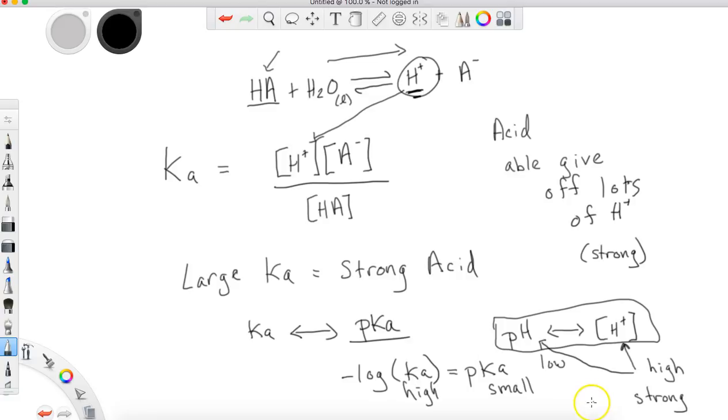If we say something has a pH of 1, we're saying that it's a strong acid compared to something that might have a pH of 5 or a pH of 7, which is neutral. The larger the pH becomes, the weaker the acid. Same thing here: the smaller the pKa, the stronger the acid.